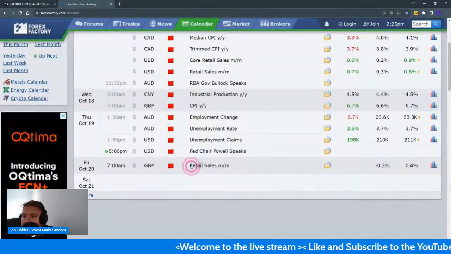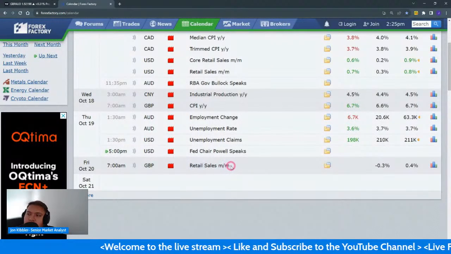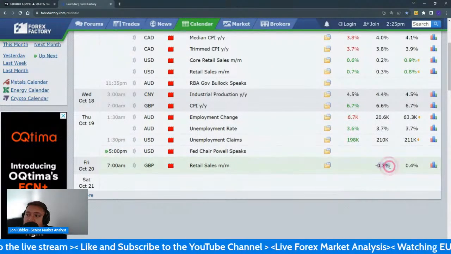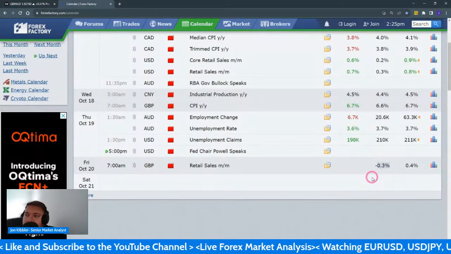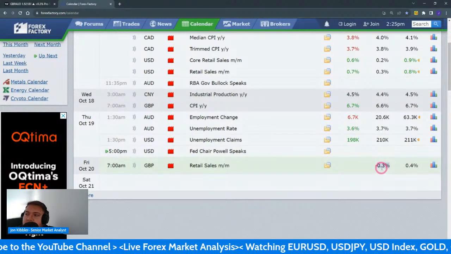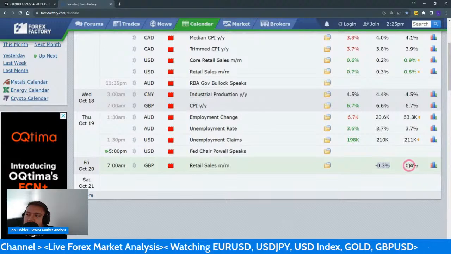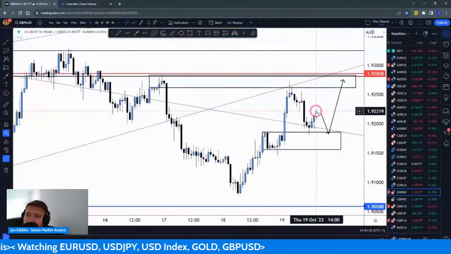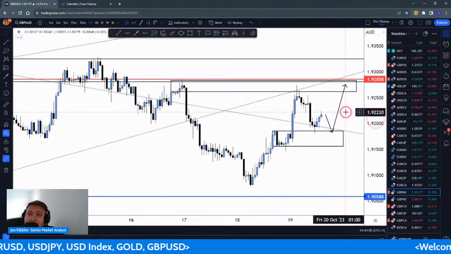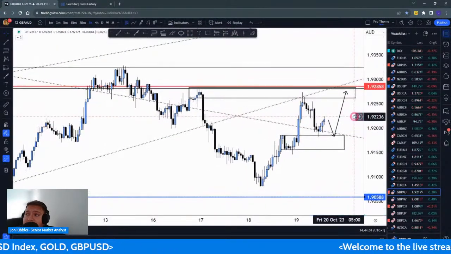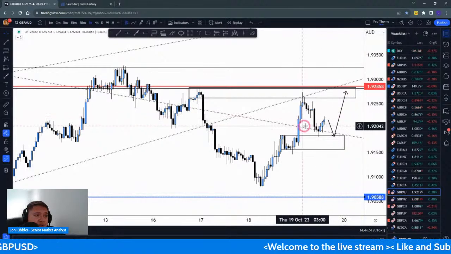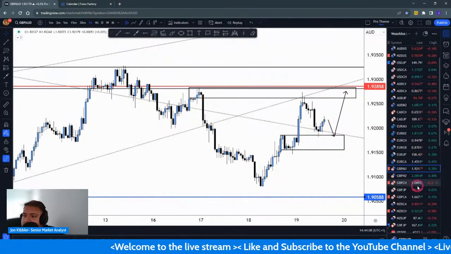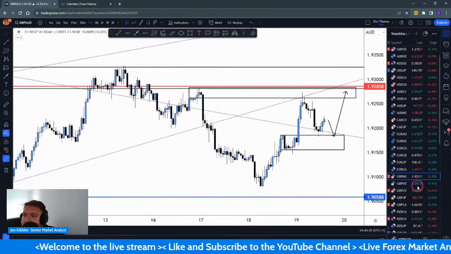Now, I think we've got pound data tomorrow, retail sales data, expected to come in quite low actually compared to the previous forecast, minus 0.3% over a 0.4%. So maybe we'll see a little bit of pound weakness off the back of that data. That's definitely something to keep your eyes on as we go into the end of the week.